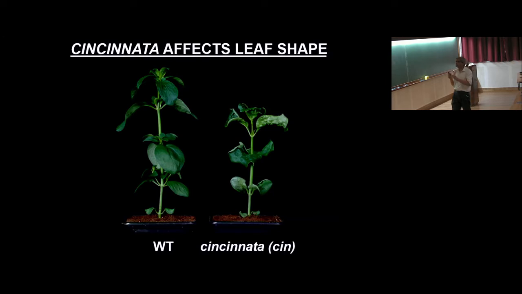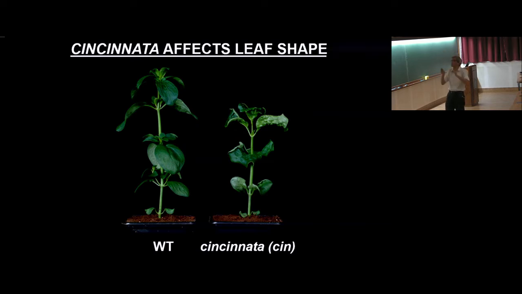So one mutant that I showed earlier is the mutant in Snapdragon called CINCINNATA, where you do not really see much difference between these two. This is a wild type, and this is the mutant where one gene has been mutated. The leaves are initiated, and their arrangement is pretty similar. The two leaves are at a 180-degree angle, and there is a 90-degree angle between these two and the successive leaf pair.